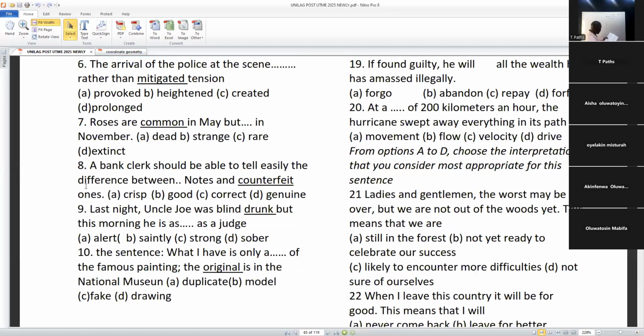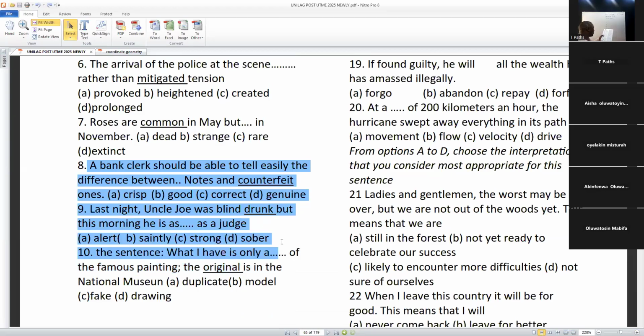Question 8. We're done with that section. Question 8: a bank clerk should be able to tell easily the difference between dash notes and counterfeit. Dash notes and counterfeit, right? So what's another word that can be used for counterfeit?